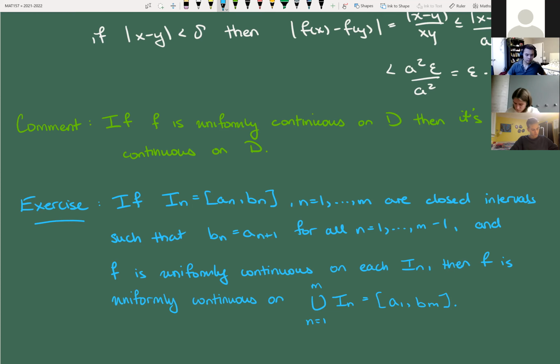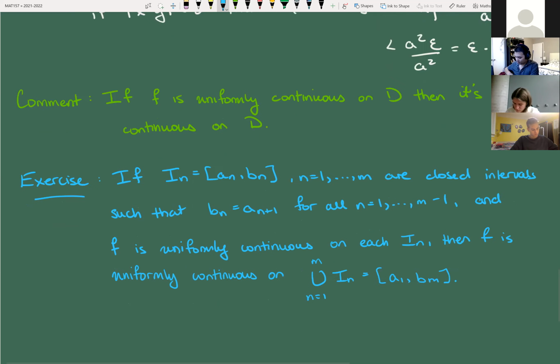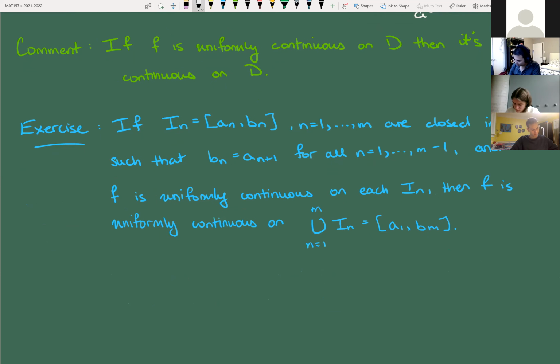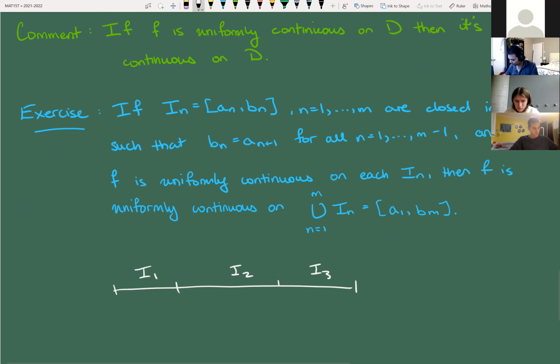Okay. So this was a really long way of just saying the following fact, which is not probably surprising. So if a function is uniformly continuous on these three intervals and these three intervals all touch, then it's uniformly continuous on the entire interval, right?